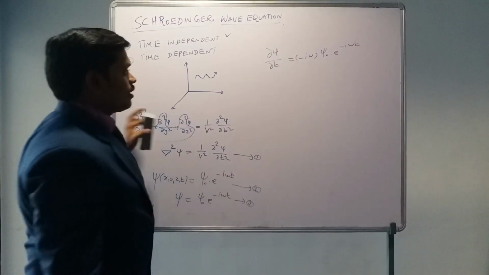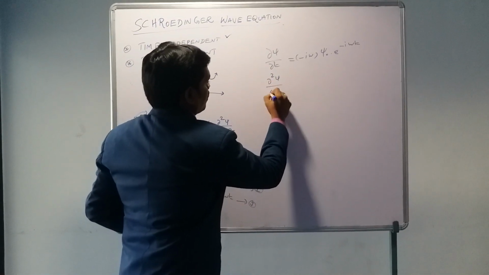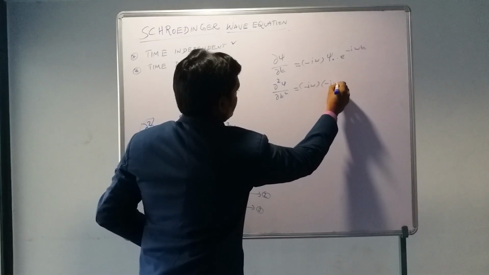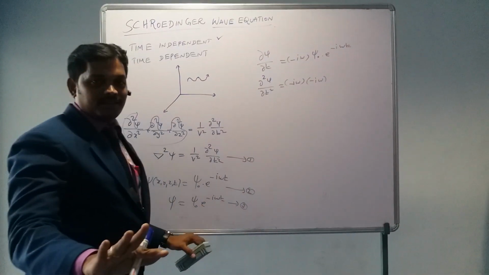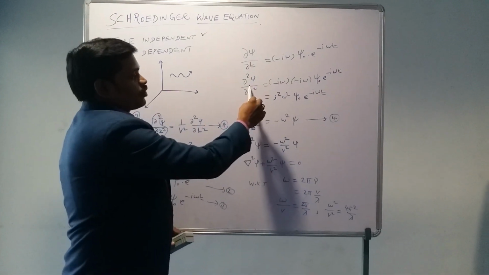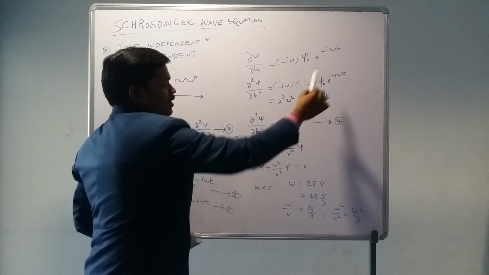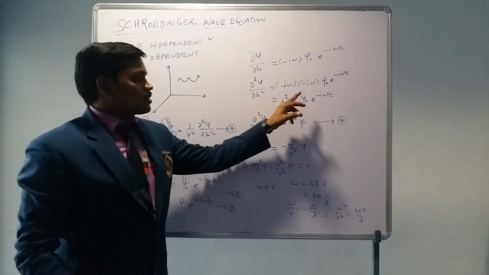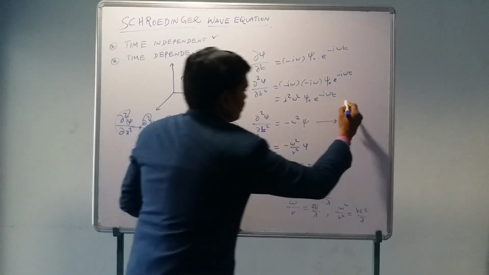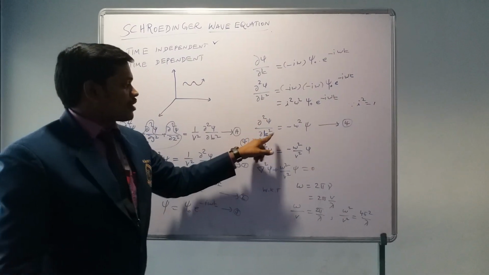Differentiating once more with respect to time, we get dou square psi by dou t square equal to minus i omega into minus i omega psi naught e power minus i omega t, which gives i square omega square psi. Here i square is minus 1, so dou square psi by dou t square is equal to minus omega square psi.